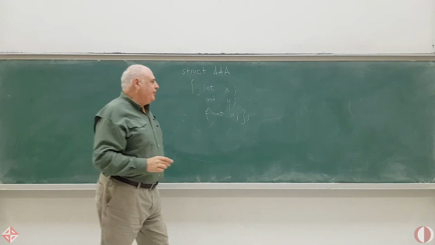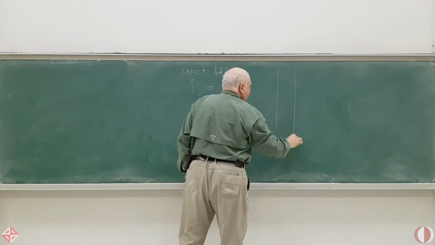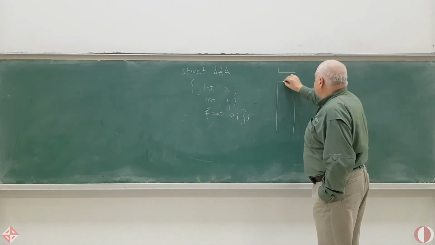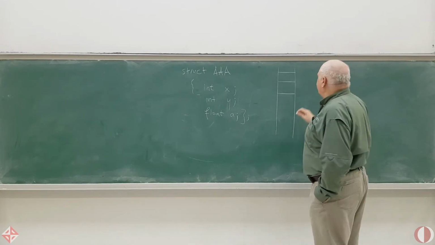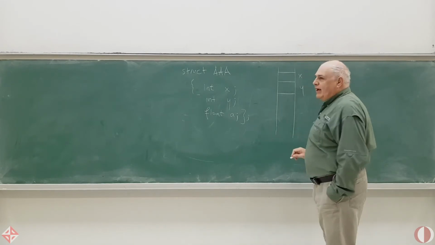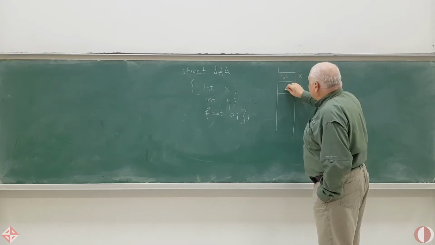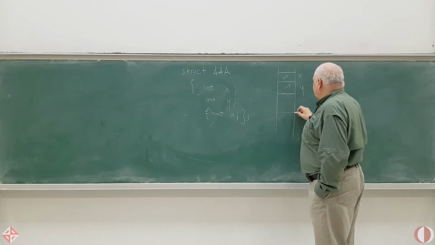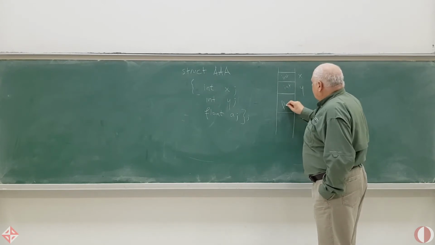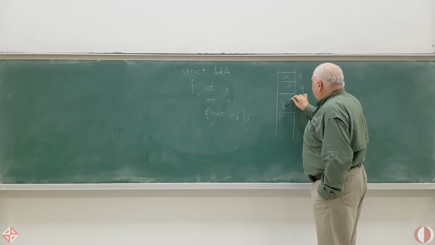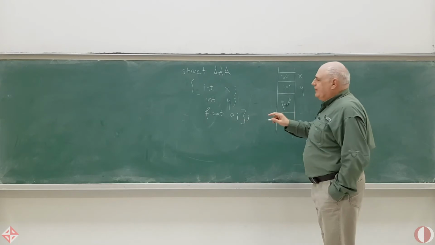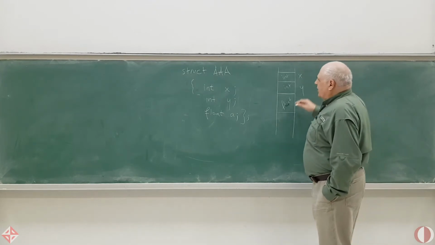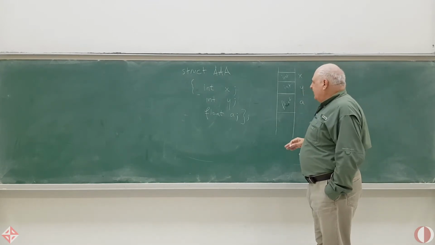When you look at the memory organization of this, you see that by definition you have two fields for x and y that can accommodate integers, and a field that has a subfield that has a name A, which comes after x and y.